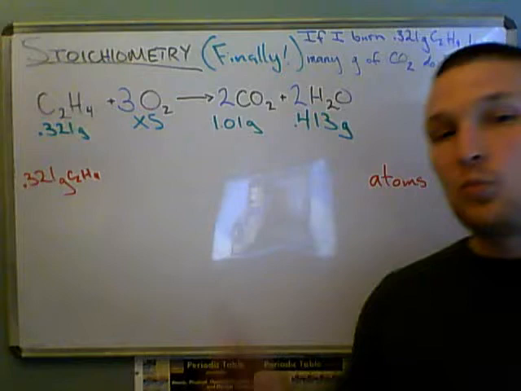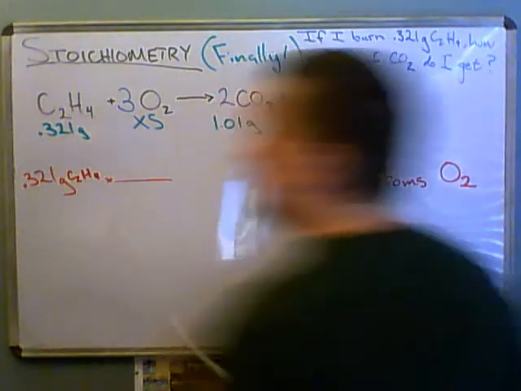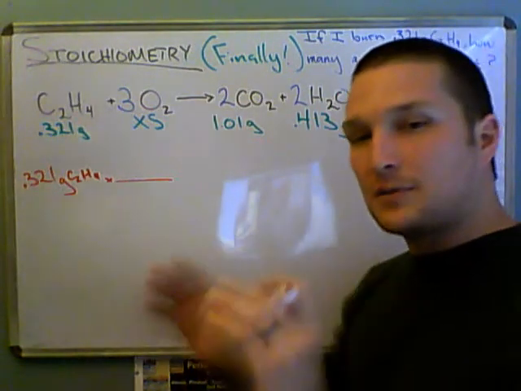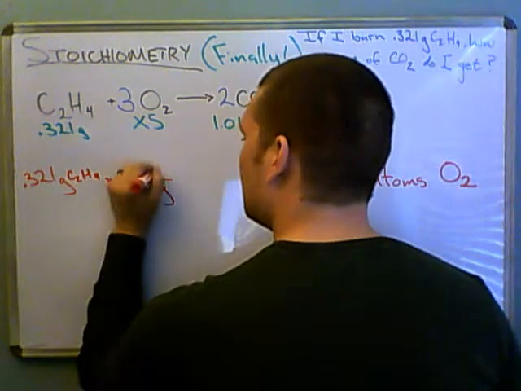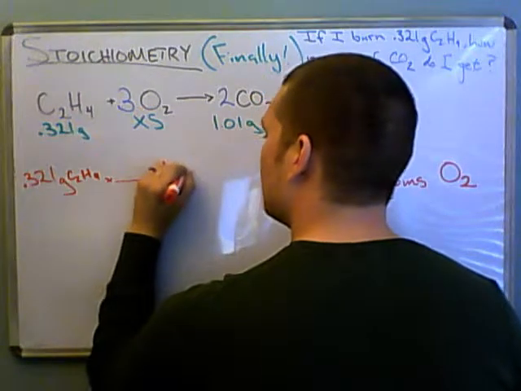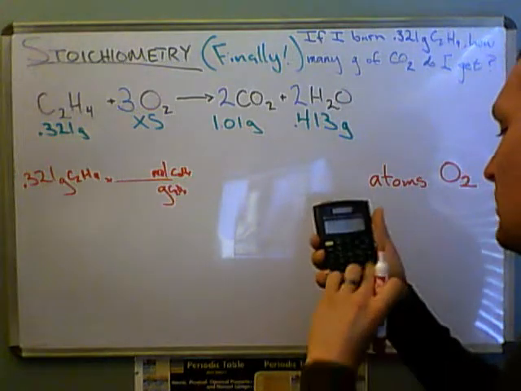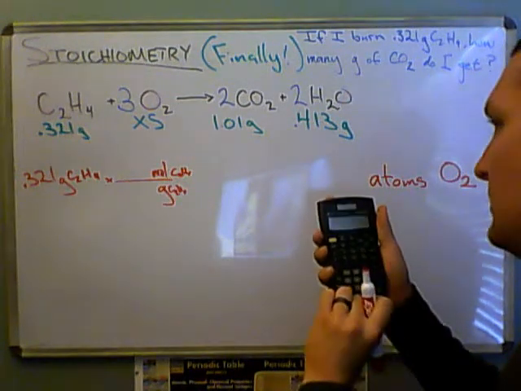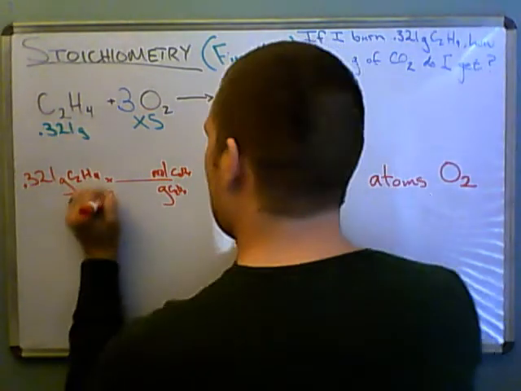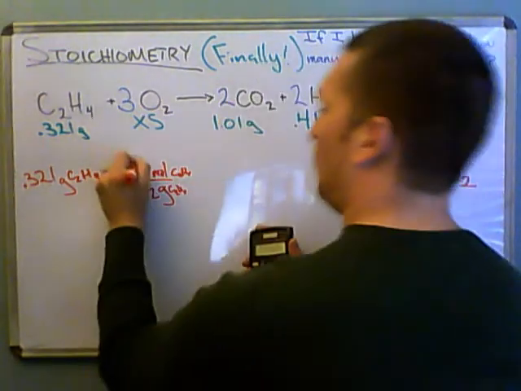So we're going to have to do dimensional analysis. Of course, with stoichiometry, we go from grams to moles without even thinking about it. This is grams of ethene, C2H4, to moles of ethene, C2H4. And I erased it. I shouldn't have, but I'm going to do it real quick. 2 times 12.01 plus 4 times 1.008, and I get 28.052 grams for every 1 mole.